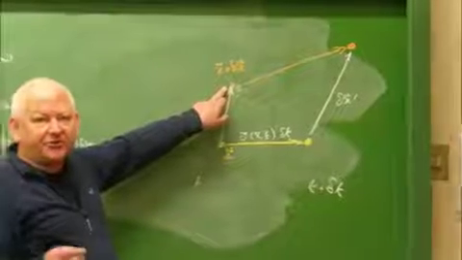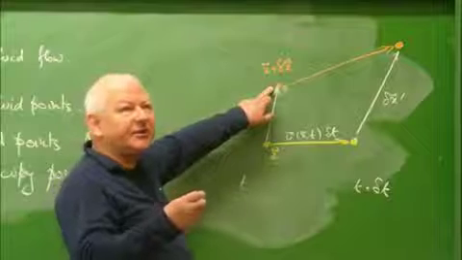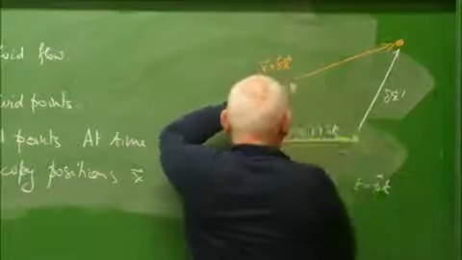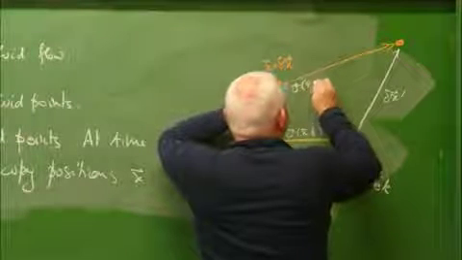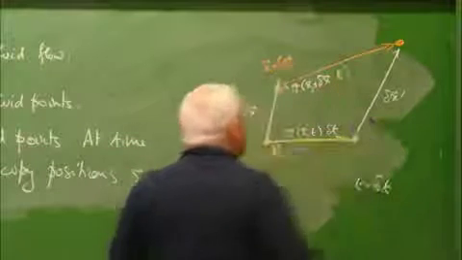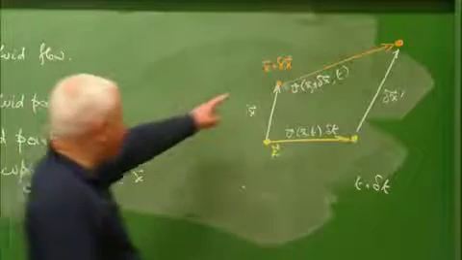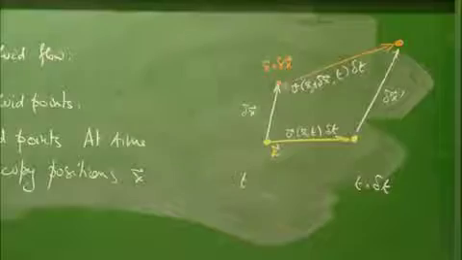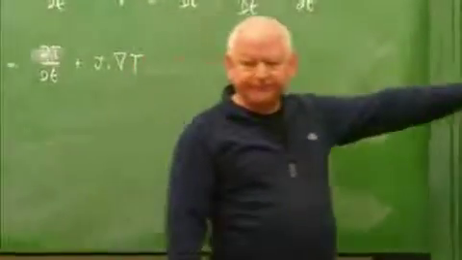I need the coordinates of the point and the time at which I'm looking at this velocity field, and I substitute those into the arguments. So the velocity of the orange point at time t will be v of x plus delta x, because that is the position of the orange point, and I'm interested in time t. And then to get the displacement in time delta t, I must multiply the velocity by the time elapsed. Is it clear what I've done there?